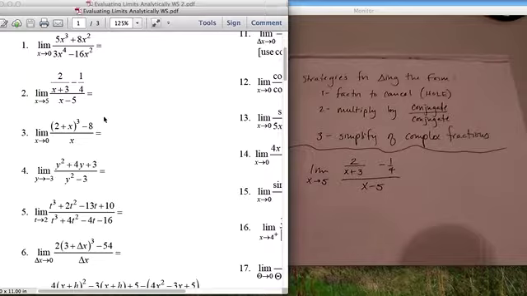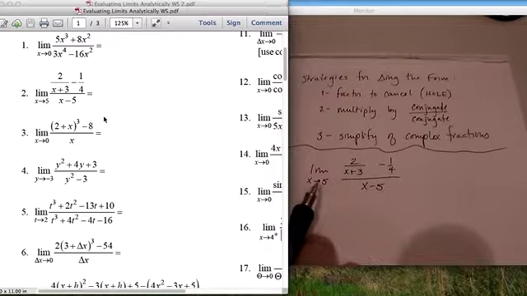Obviously you can't just flip them over as it is, right? When you're dealing with a complex fraction, a fraction is an implied division problem, and therefore you can flip the denominator and multiply through. But my first instinct needs to be to try to evaluate this by plugging in.